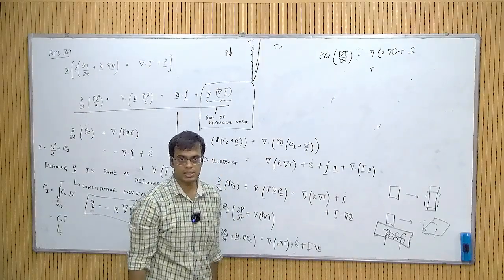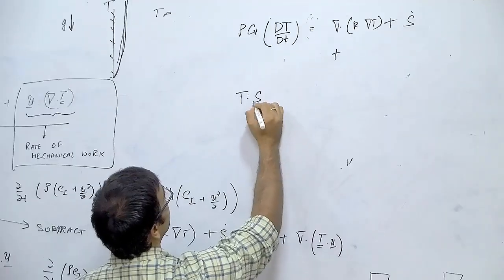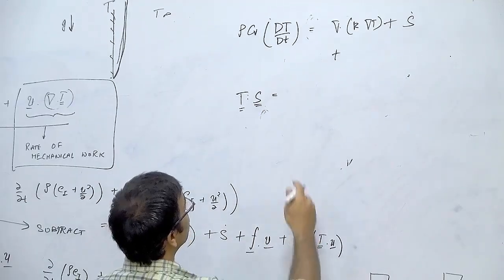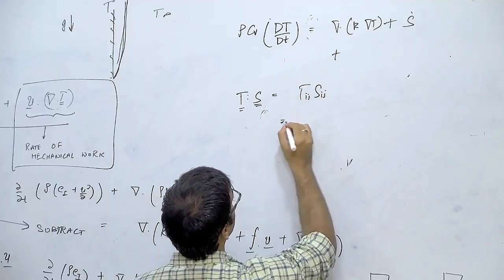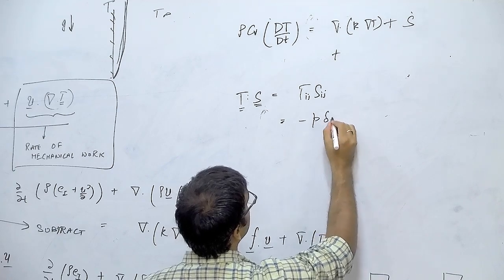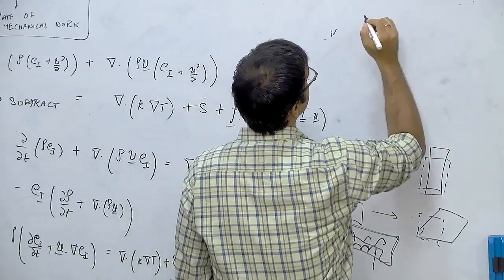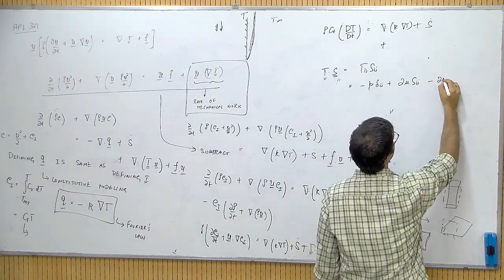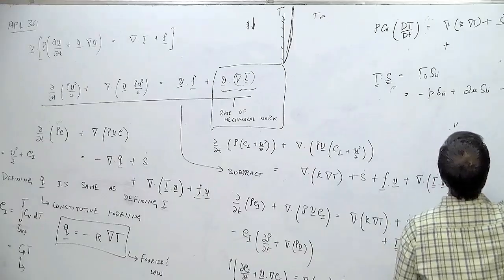which is T double dot S. What was the definition of T? So what does T double dot S simplify to? It's a quiz question, right? So we have Tij times Sij, where Tij is minus P delta ij plus 2 mu Sij minus 2 mu by 3 del dot U delta ij.